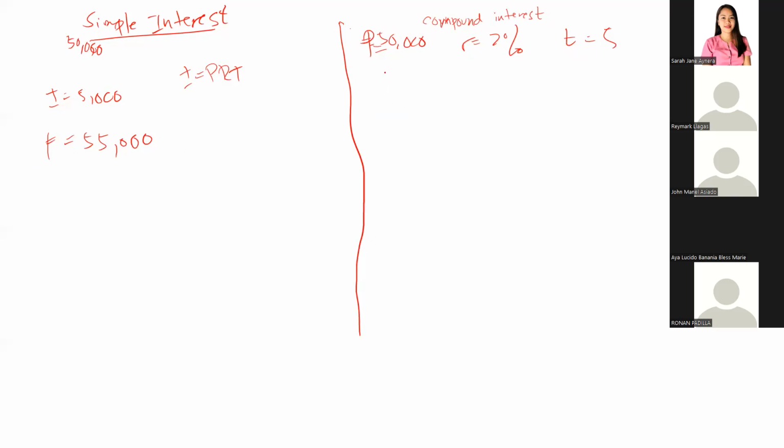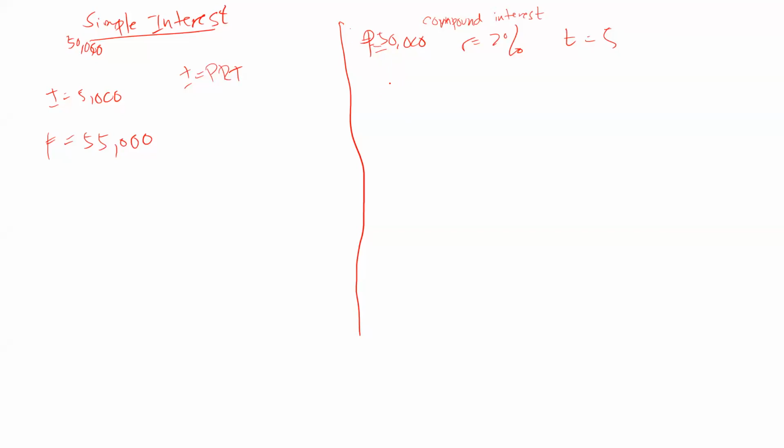Now, imano-mano ta ang pag-compute, ngani masabutan kung ano ang pinagkaiba kang compound interest and the simple interest. So, sa compound interest, okay, 50,000, matubo siya ki 2%. This is your first year. Year 1.